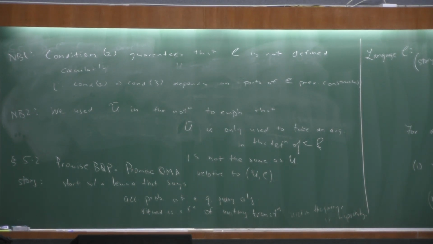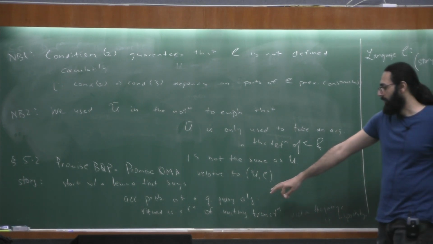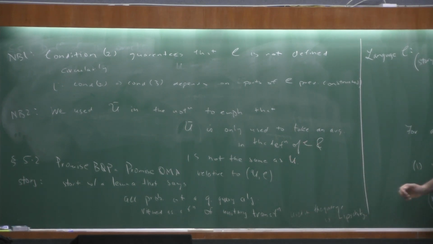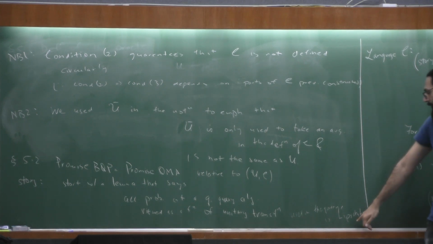Okay. So if you have a quantum query algorithm, you view it as a function of the unitary that it's querying, then this function turns out to be Lipschitz.